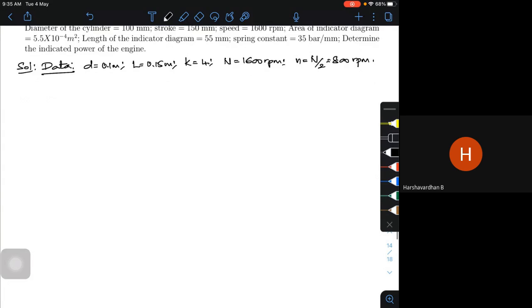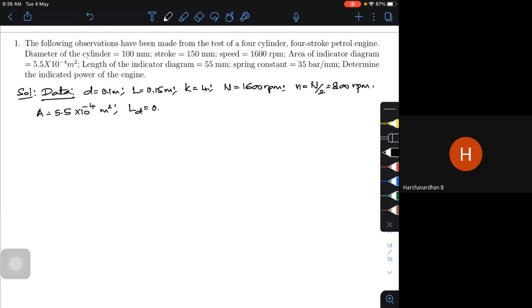Then the area is 5.5 into 10 to the power of minus 4 meter square. The length of the diagram, if I call it LD, is 55 millimeters, or 0.055 meters.